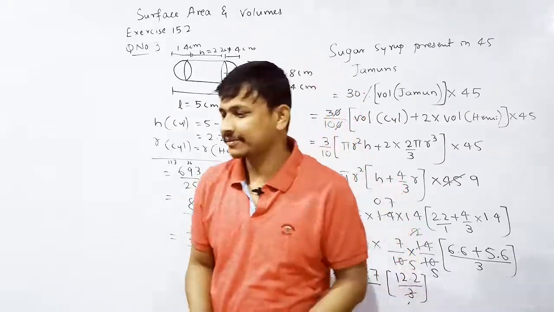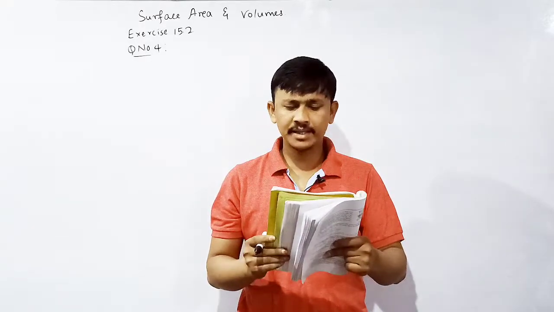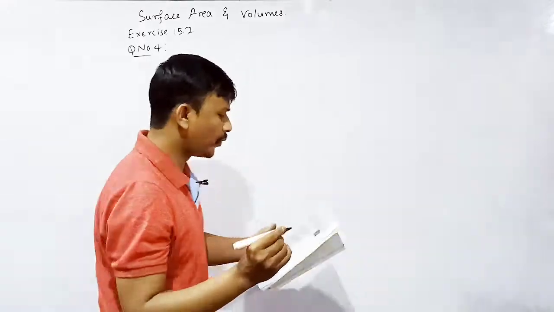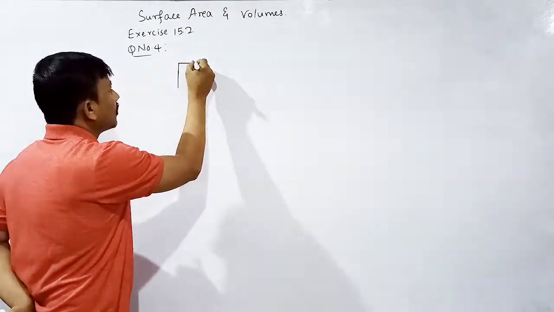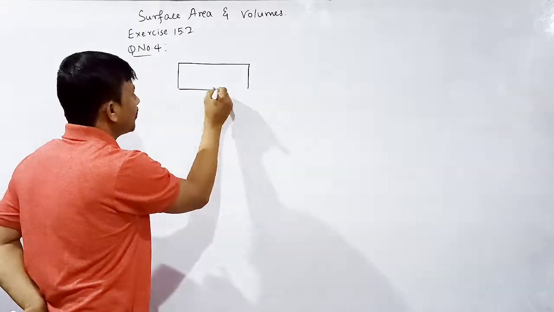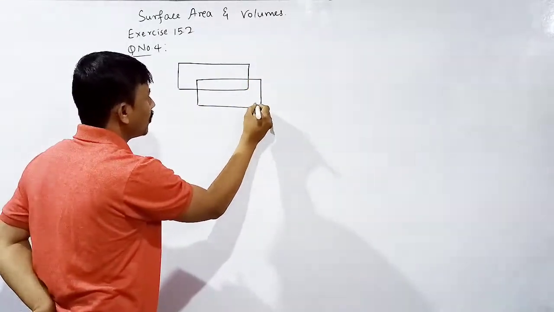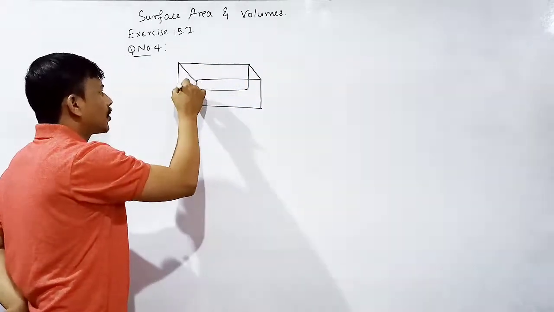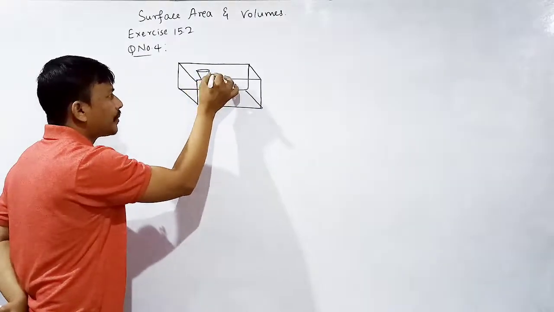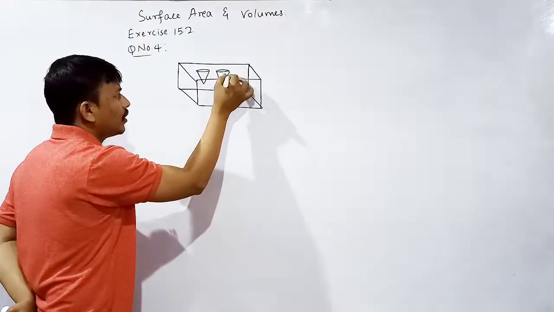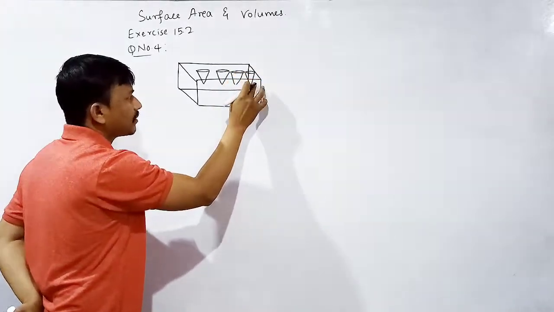Right now. Question: a pen stand made of wood is in the shape of a cuboid with 4 conical depressions. There is a cuboidal wooden block in which 4 conical depressions are made for the pen stand.